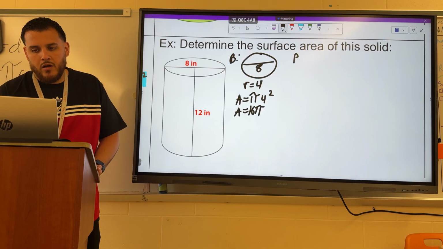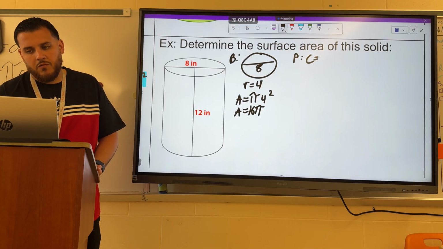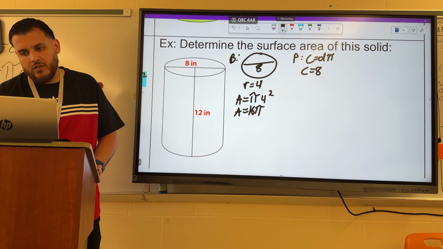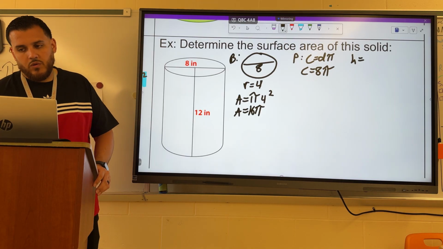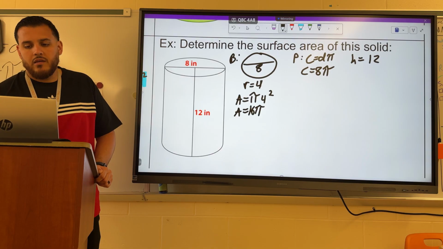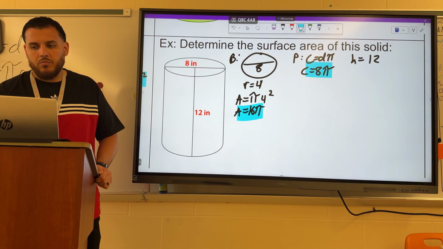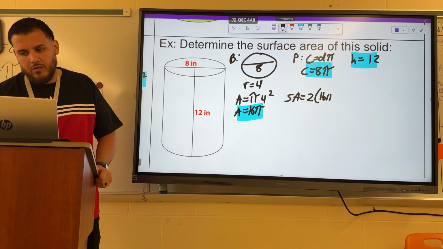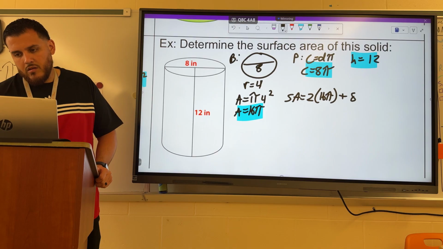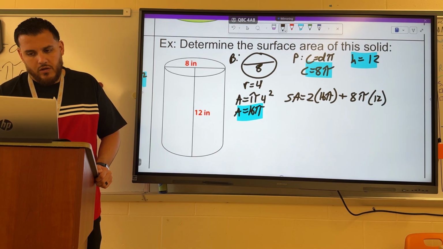My perimeter of the circle is found with circumference. That's diameter times pi. I was given a diameter of 8, so my circumference is 8 pi. My height, again, is the distance between my bases. Between my circles, I have 12 inches as my height. And again, these three values are getting plugged into our surface area formula. 2 base areas, 2 times 16 pi, plus the perimeter of 8 pi times the height of 12.